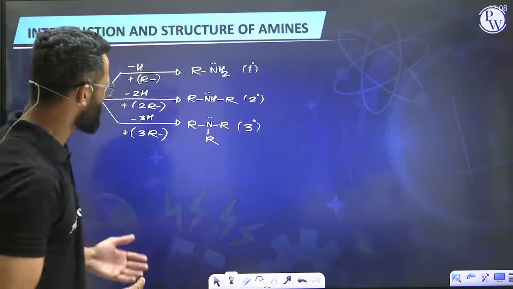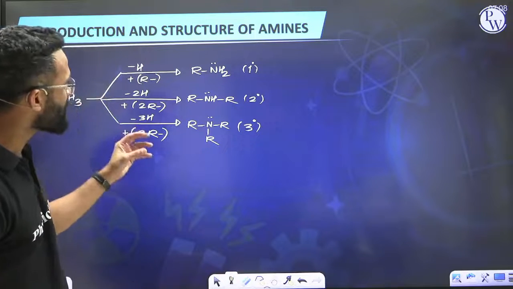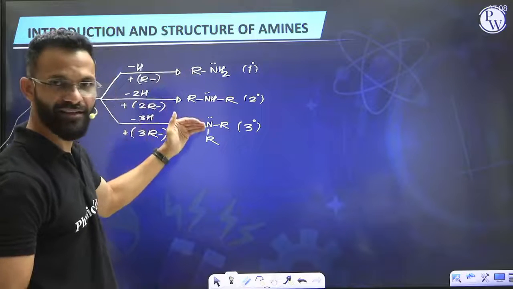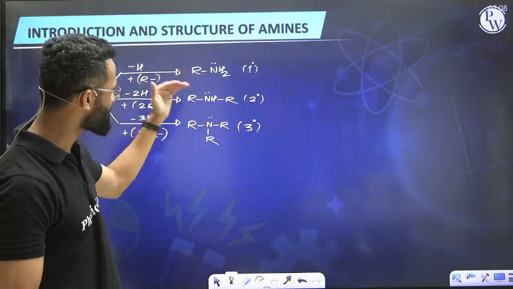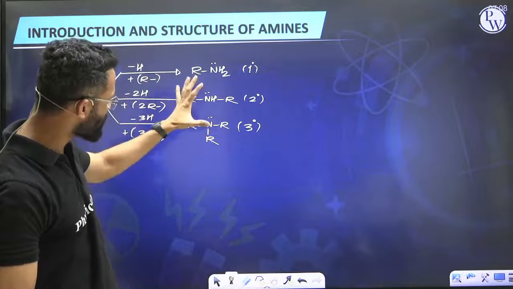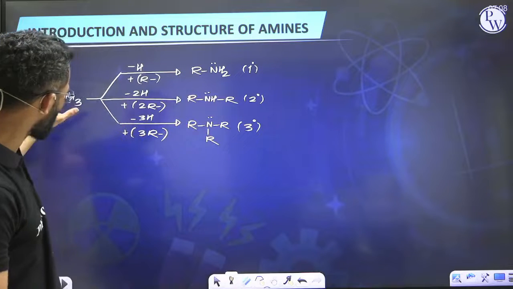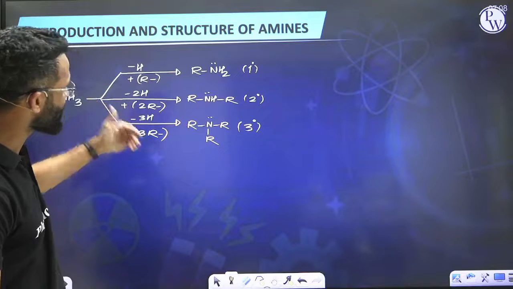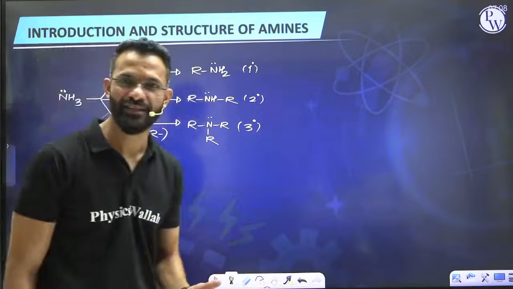So guys, based on how many alkyl groups are directly connected to the nitrogen atom, we have classified these amines as primary, secondary and tertiary, and all of them are obtained from ammonia by replacing the required number of hydrogen atoms with the equivalent number of alkyl groups.